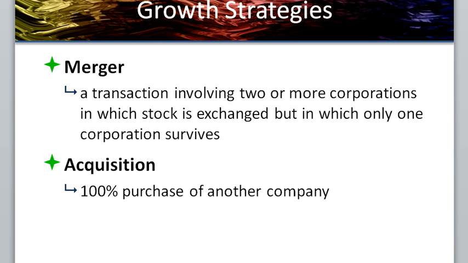Now, a common growth strategy is a merger. Two companies come together in a joint exchange of stock and become one big company. Take the airline industry, where there might be a lot of competitors, and two companies, say JetBlue and Southwest, decide to merge and become one bigger company to compete with American and Delta.